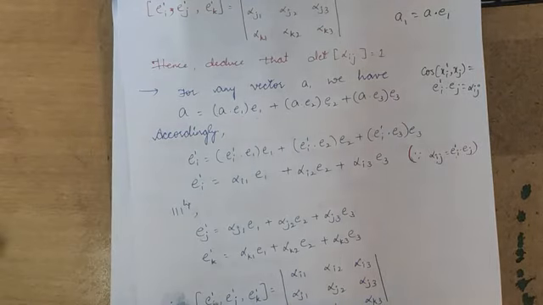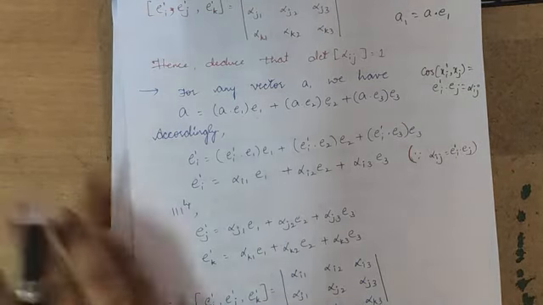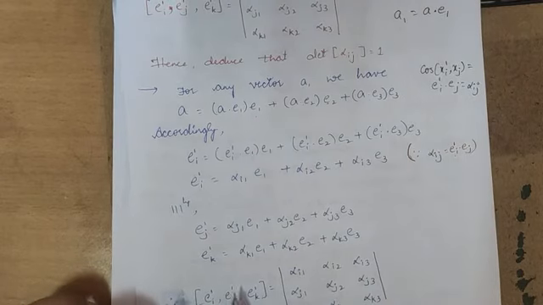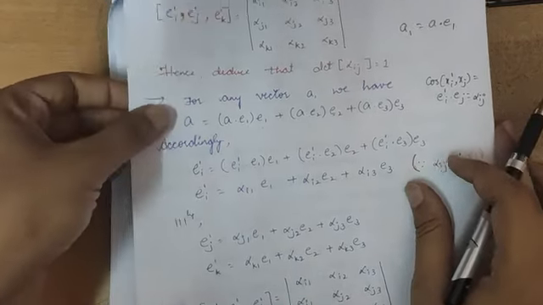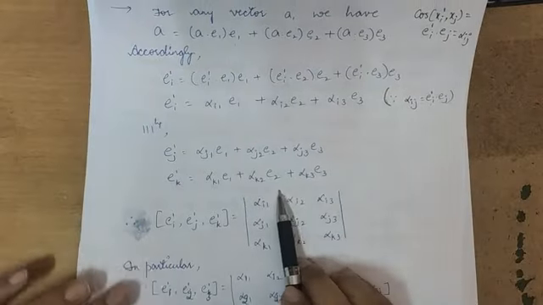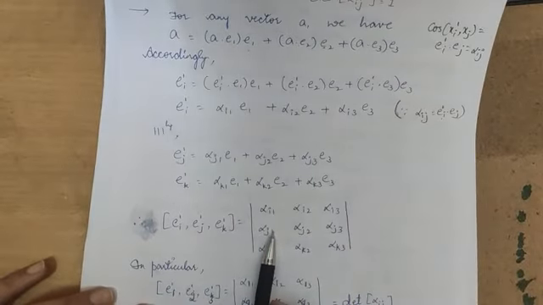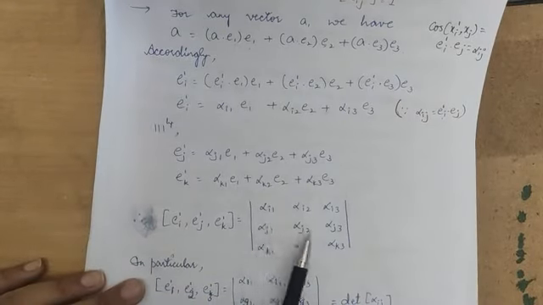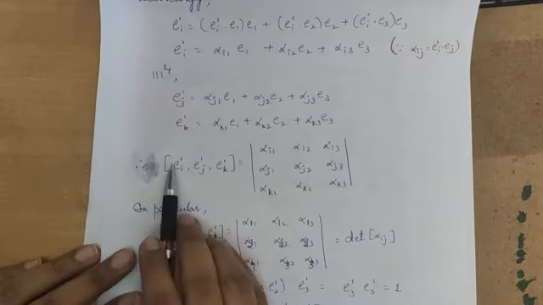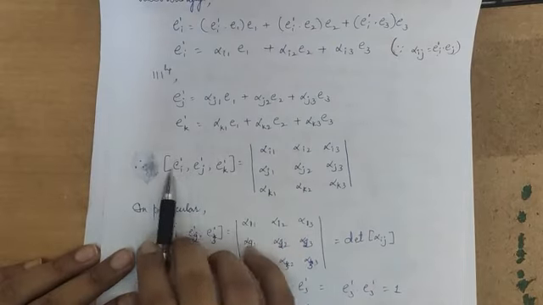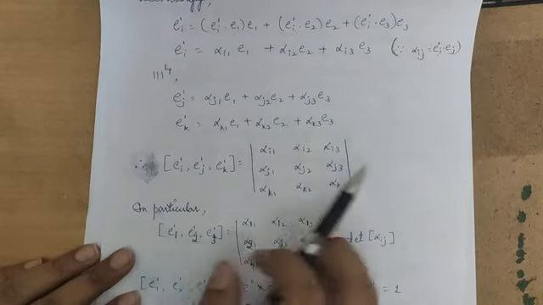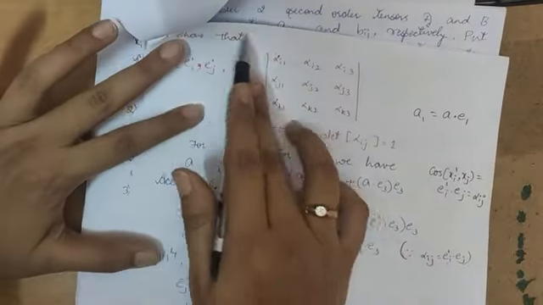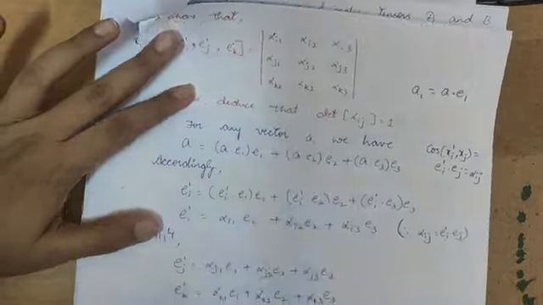So using that concept, I have written that Ei prime comma Ej prime comma Ek prime will be equal to determinant of this. So if you once check that, you can understand this concept clearly. This is for ijk. We were not knowing the value of ijk here. So in particular, this is the first part of the proof. This part of proof is over.